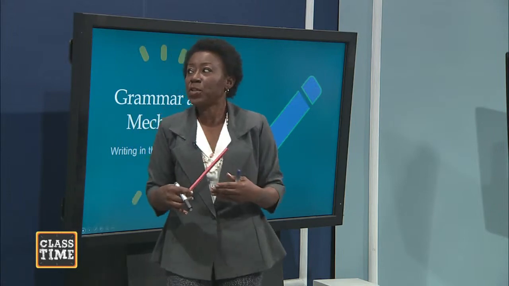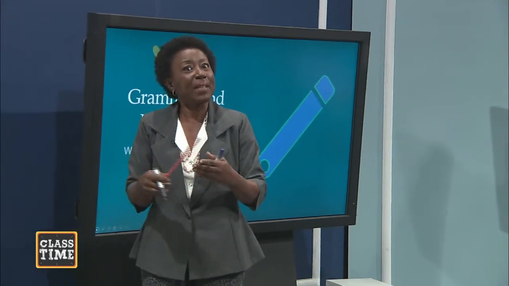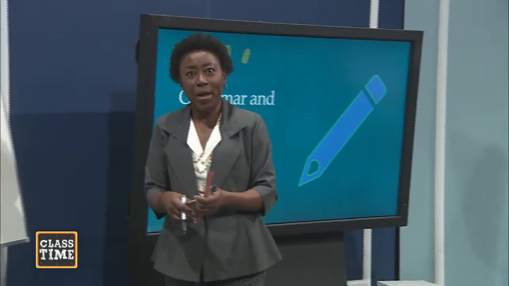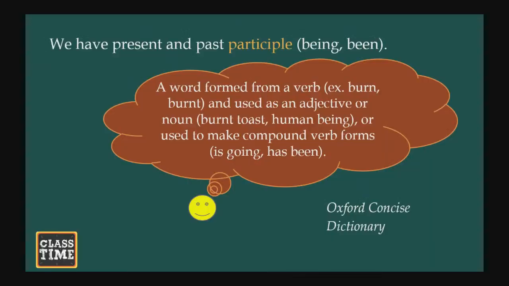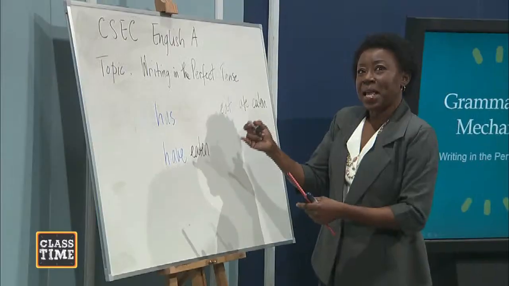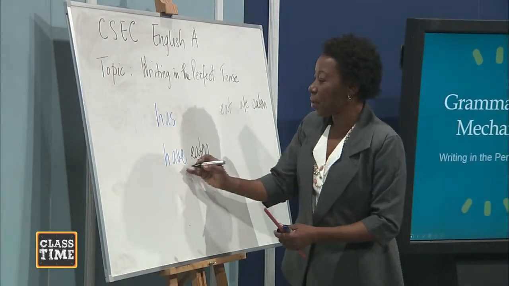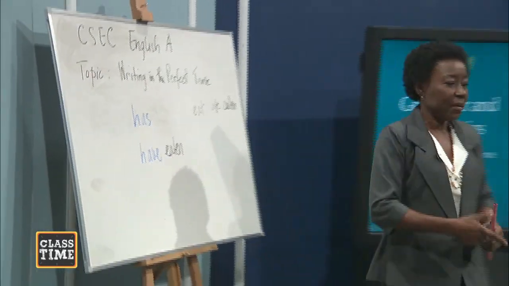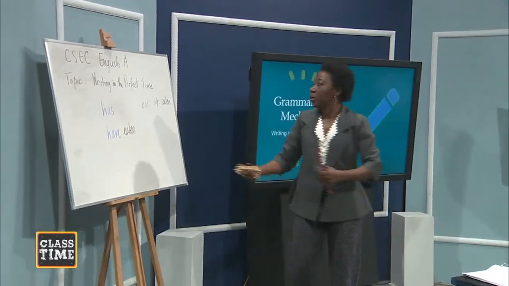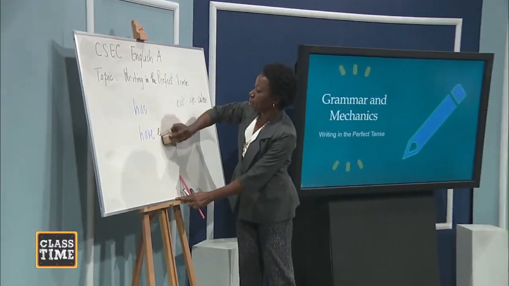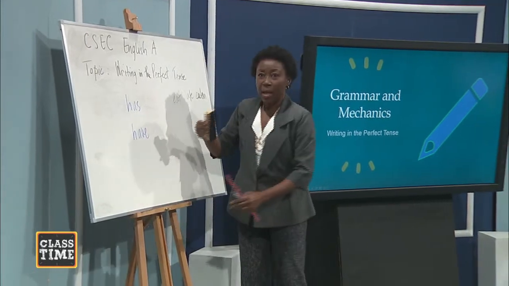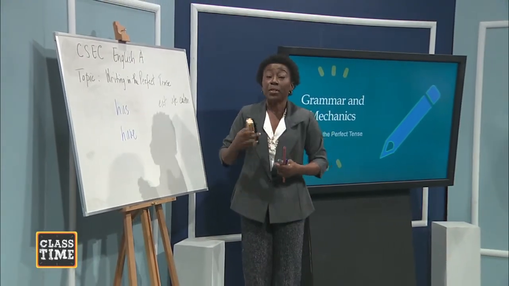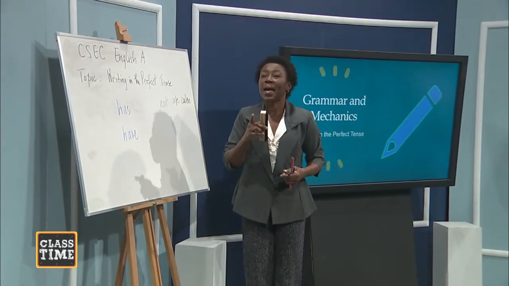So if I am going to express myself in the perfect tense, what do I need to have? I would say have, let me erase this word and just put what I need right here. I is one, but I uses what again? Have.